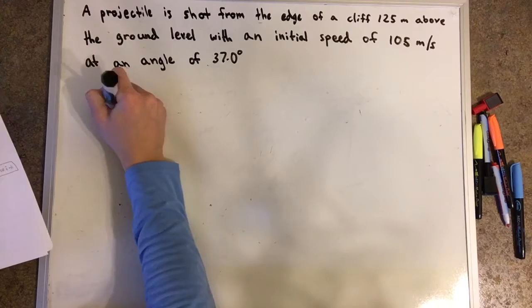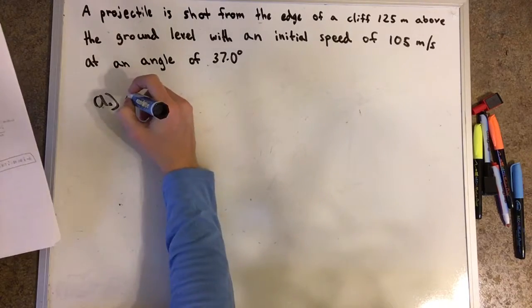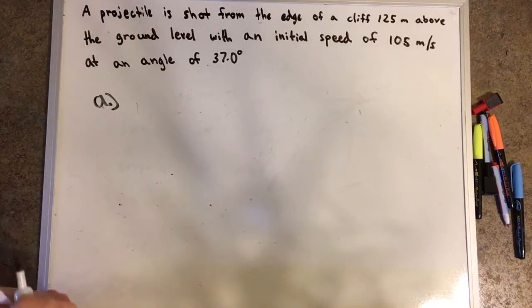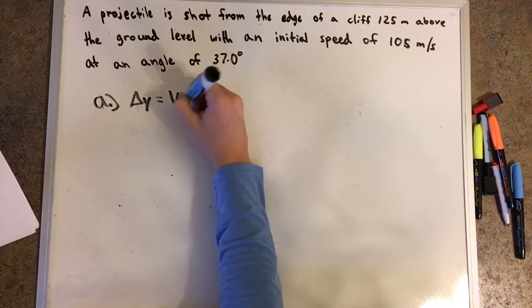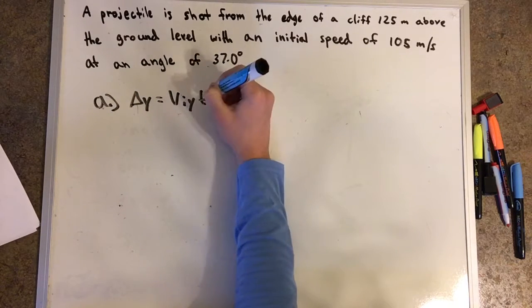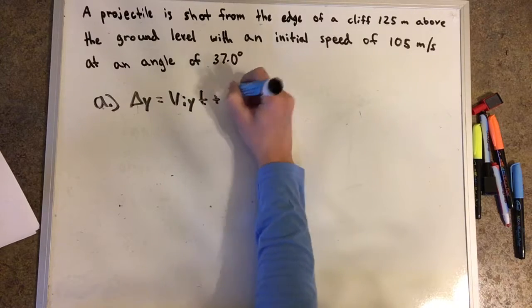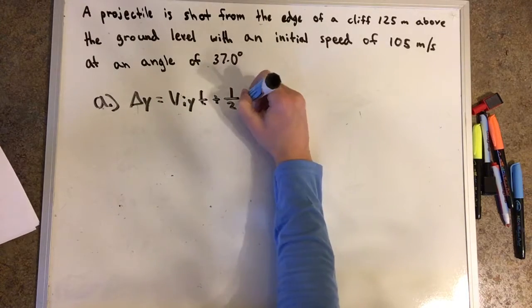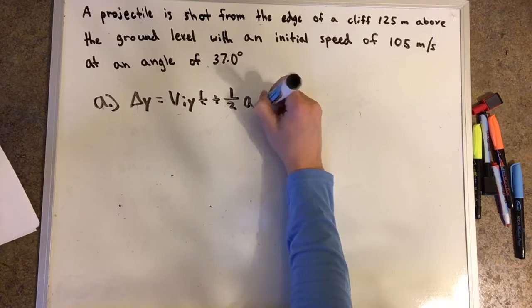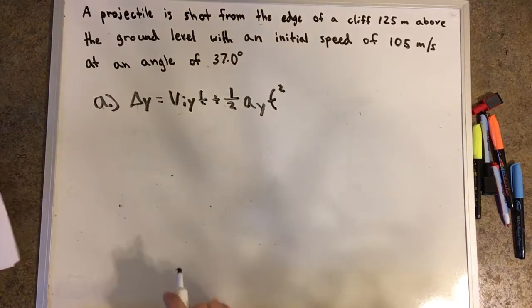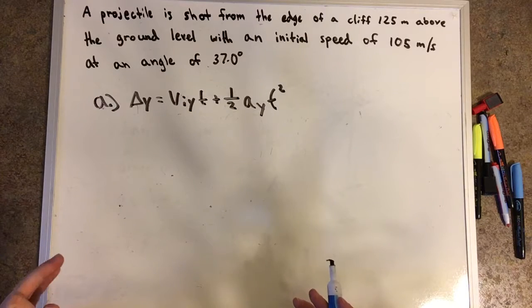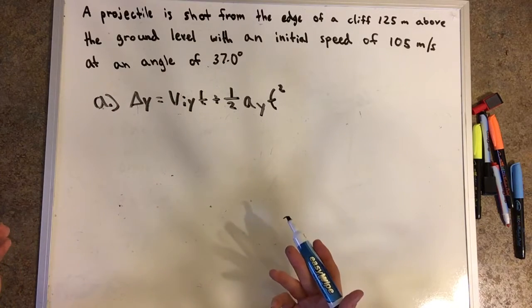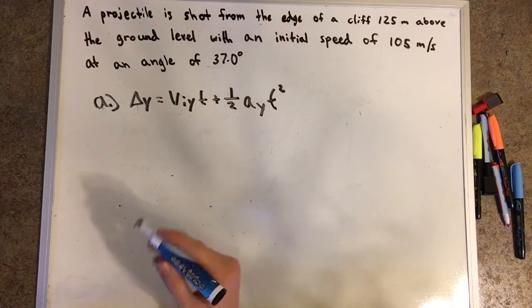A. First, you use the formula delta y equals Viy t plus half ay t squared. This is the formula to find delta y or any other component of the formula in the y direction.